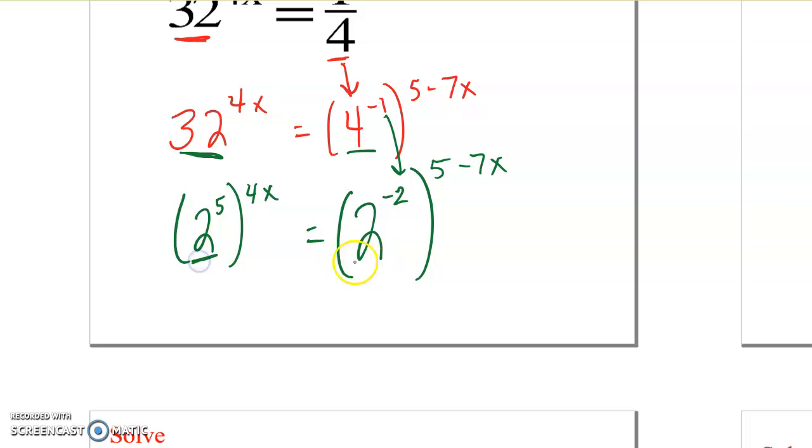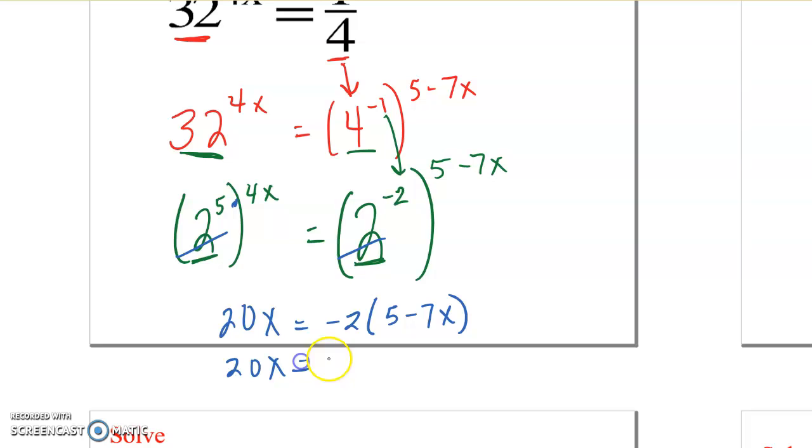Once we get the bases the same, they kind of cancel, and I get 5x, and I get negative 2 parenthesis 5 minus 7x. Everybody get where I got that? I multiplied. Negative 10, plus 14x. Negative times negative becomes positive.